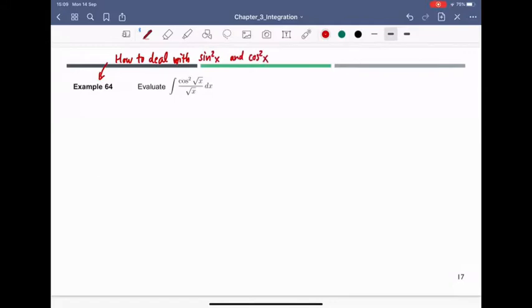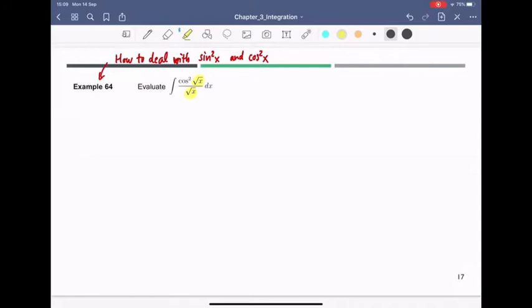Well, this is going to be the technique that we're going to use all the time when we face sine square or cosine square. So let's look at it. First of all, I see cosine square of square root x over square root x here.